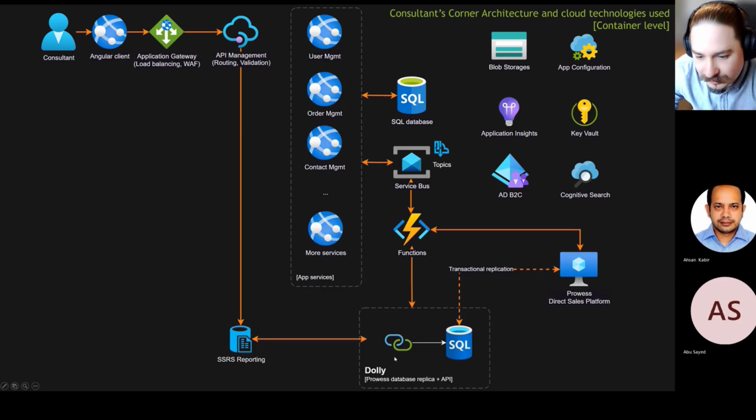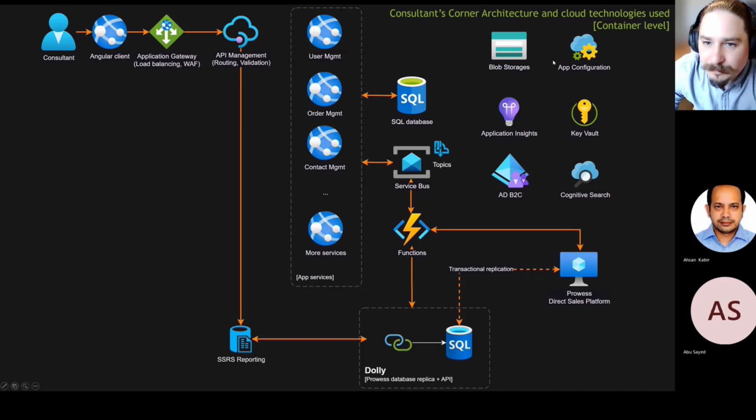This system has an API interface that we can call from our services as well. So that's how it's beneficial to us. We can ask this system on a higher load than we would do with Prowess, so we can save some resources for Prowess.